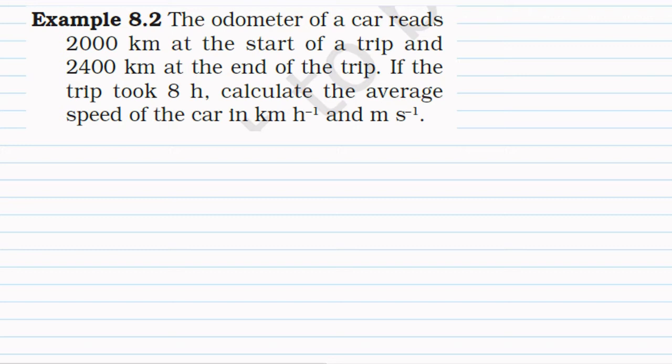Now let's have a look at example 8.2. The odometer of a car reads 2000 kilometers at the start of the trip and 2400 kilometers at the end of the trip. If the trip took 8 hours, calculate the average speed of the car in kilometers per hour and meter per second. Okay, odometer is the meter which reads the distance traveled by the car.